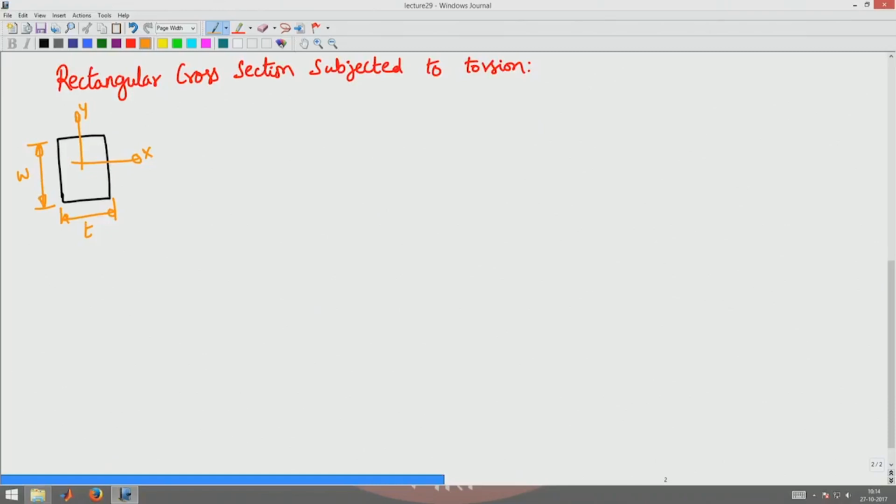Then you can show that the torque would be given by an expression of the form C1 times mu omega w t cube.